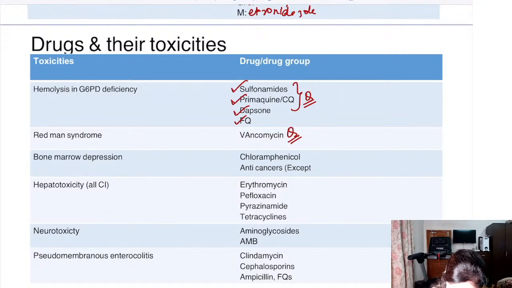Bone marrow depression: chloramphenicol, anti-cancers. Remember the last time I told you, almost all the anti-cancers have a general tendency to cause bone marrow depression, except three drugs which have a bone marrow sparing effect. So they are L-asparaginase, okay?